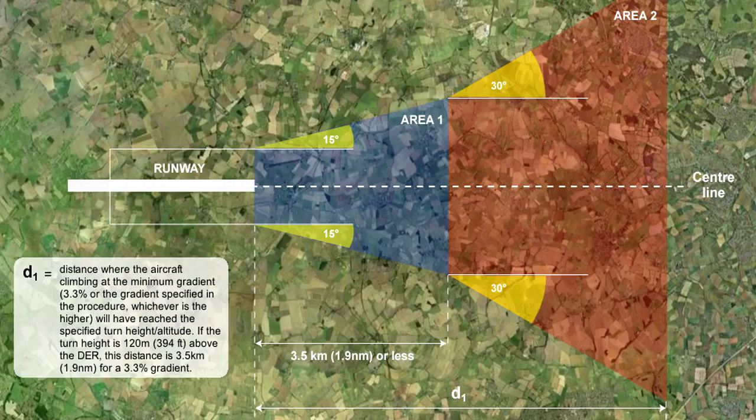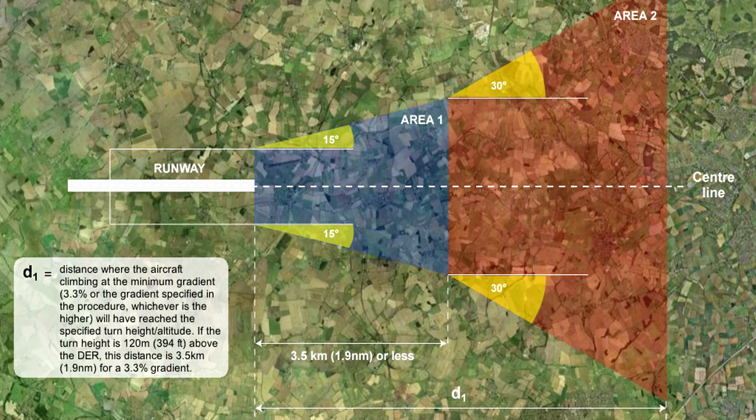At this point, we can usefully discuss minimum obstruction clearance, MOC, in terms of the departure footprint. Notice the two areas that extend from the departure end of the runway. These are the areas in which obstruction clearance must be guaranteed at the rate of 8 metres per kilometre.